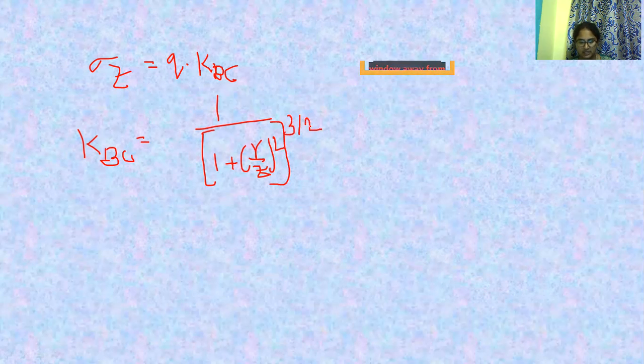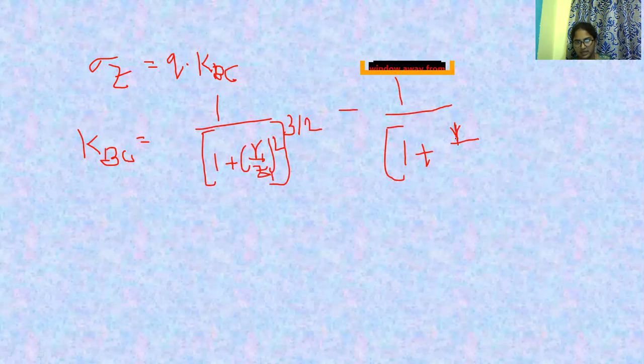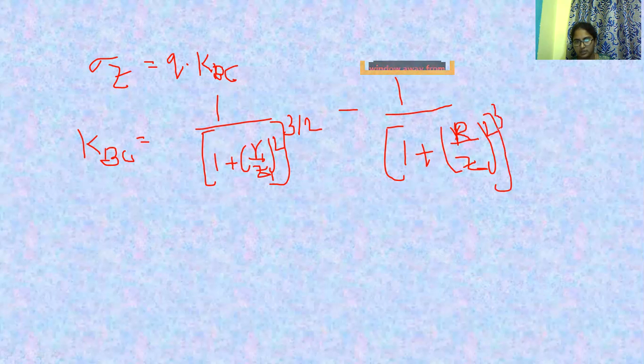where one is internal and the other is external. This is the internal radius, minus 1 by (1 plus (capital R by z) whole square) whole power 3 by 2, where capital R is the external radius.